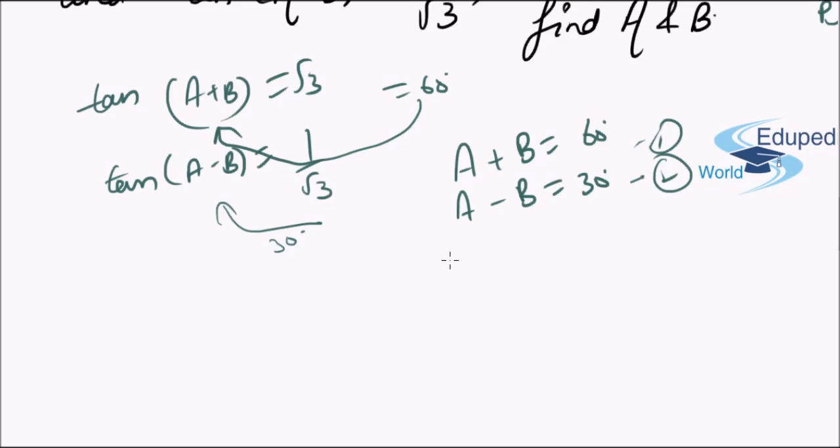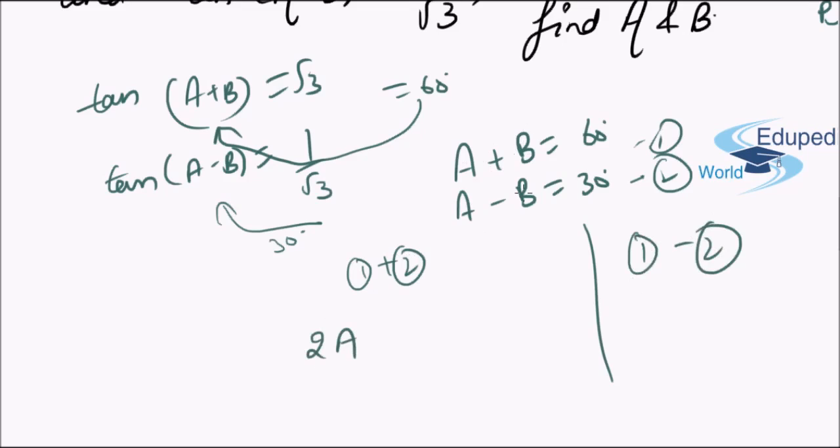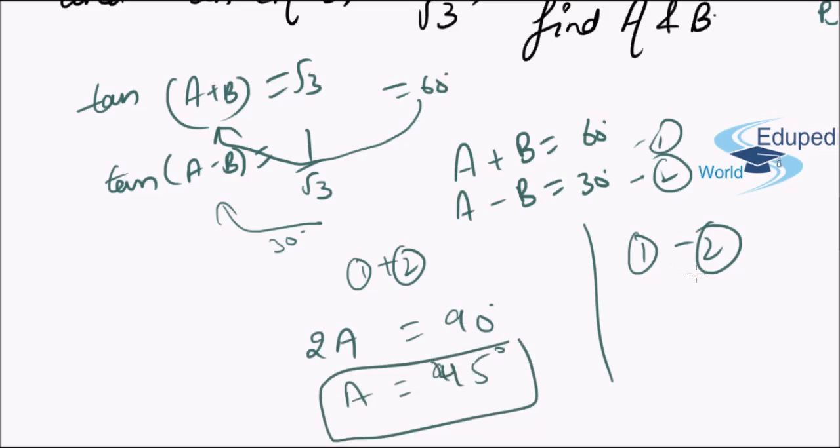By any method, say the elimination method, first add 1 and 2 and then subtract 1 and 2. On adding, we get 2a and b minus b, that is 0b, equals 60 plus 30, that is 90 degree, or a equals 90 divided by 2, that is 45 degree. If we subtract 2 from 1, then on LHS we have a plus b minus a minus b equal to 60 degree minus 30 degree.